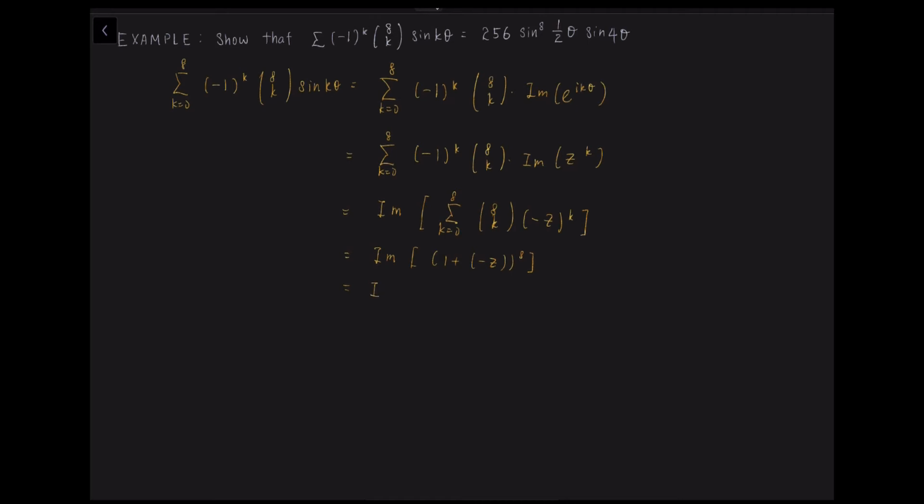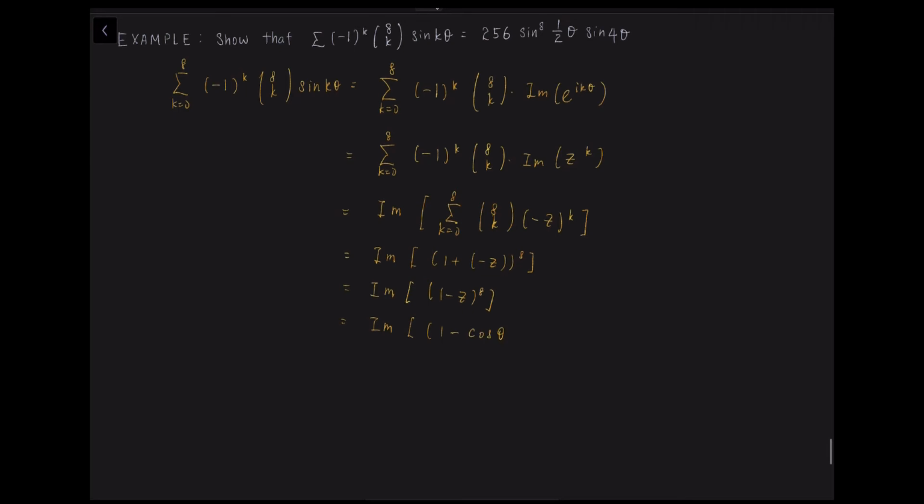Alright, so we want to find the imaginary part of 1 minus z to the power of 8, and converting z into cos theta plus i sine theta, we have this.